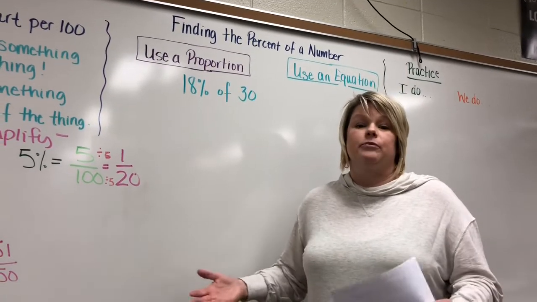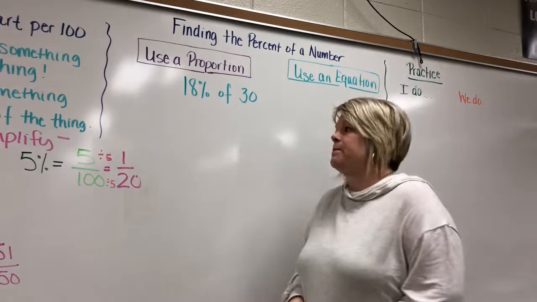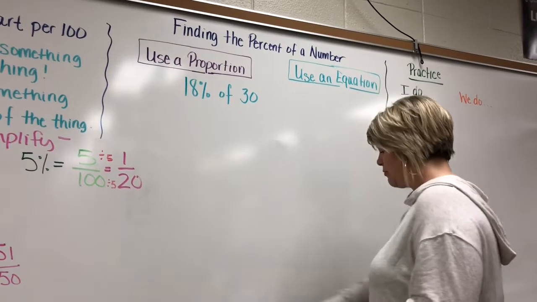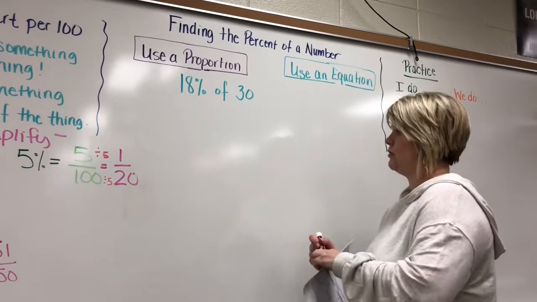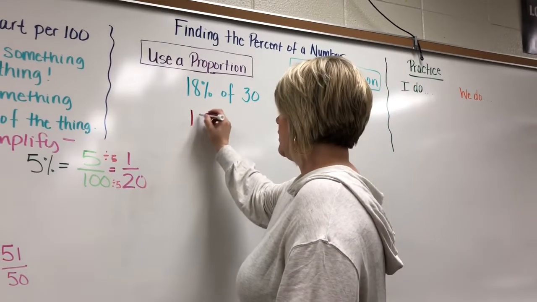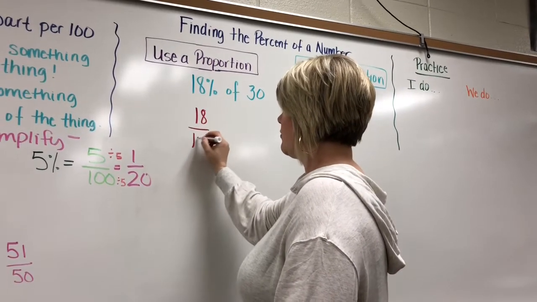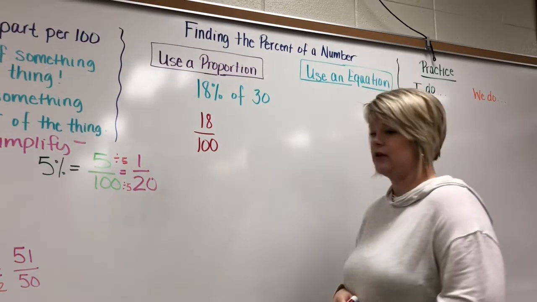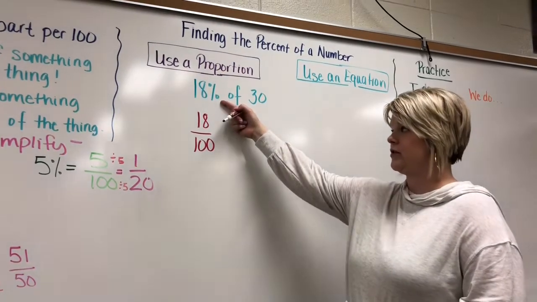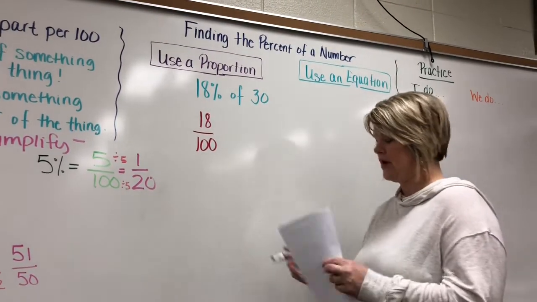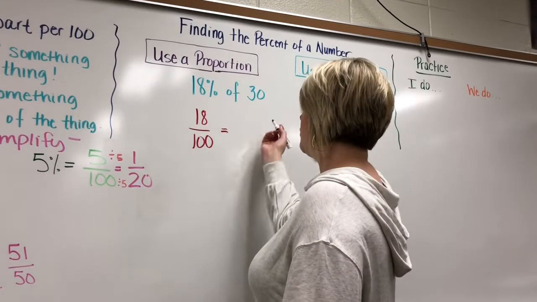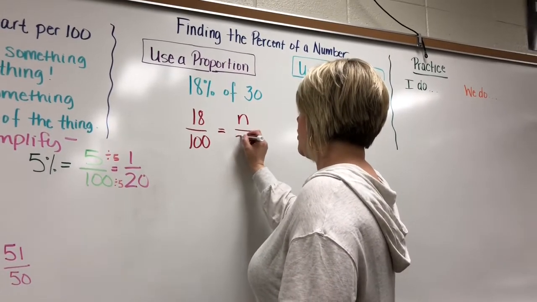What would 18% of 30 be? So to solve it as a proportion, I would do 18 over 100, right? Because we're turning this percentage into a ratio, equals what number over 30.